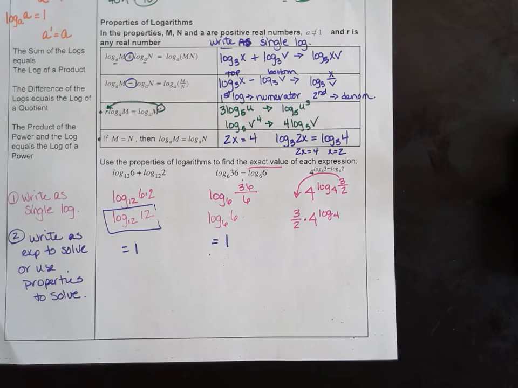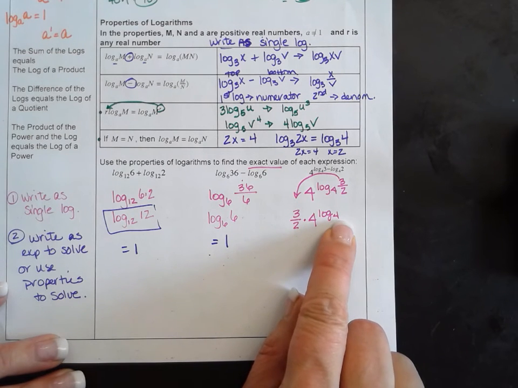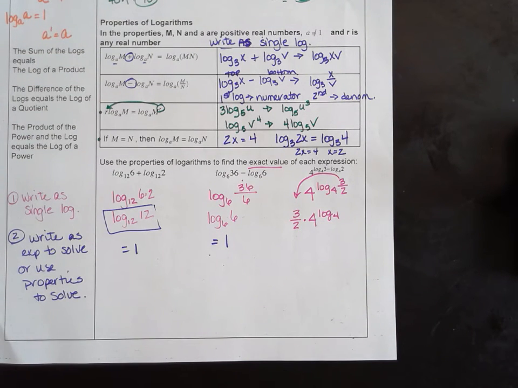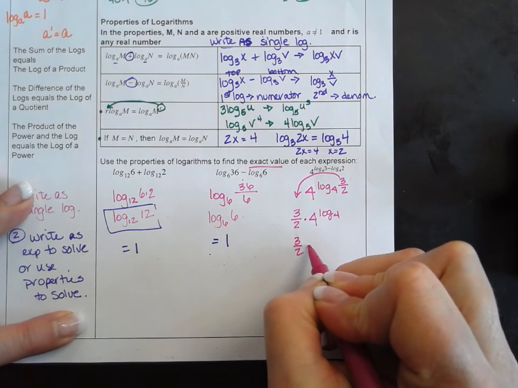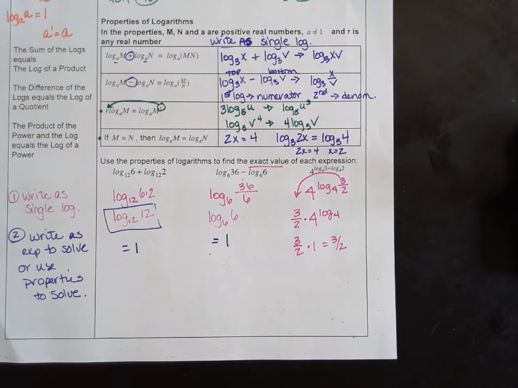But we said that if you have a number to the same log base, that is equal to 1. So I just get 3 halves times 1 is equal to 3 halves. Easy peasy?